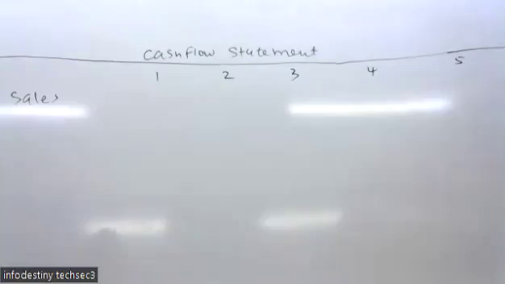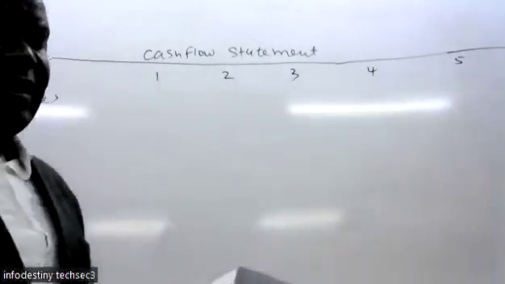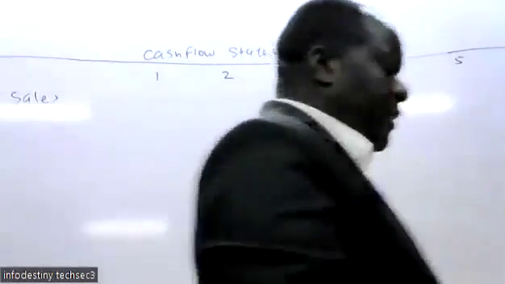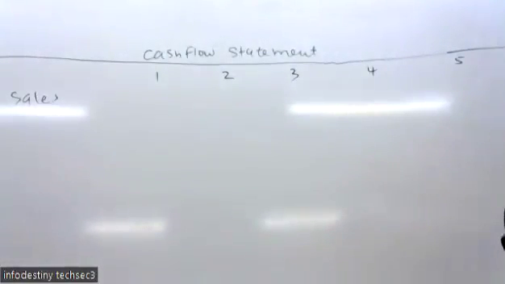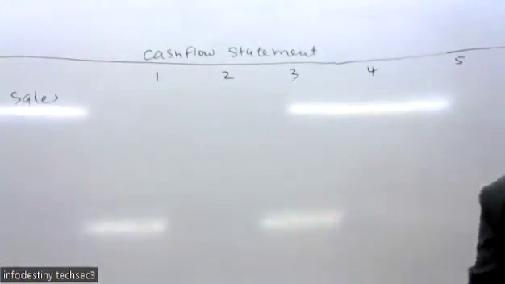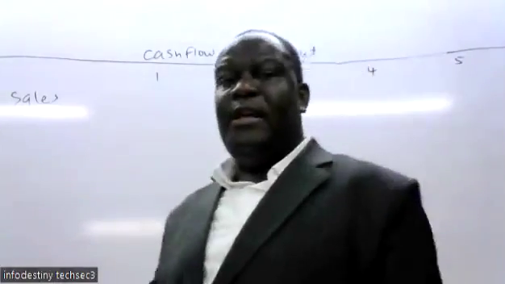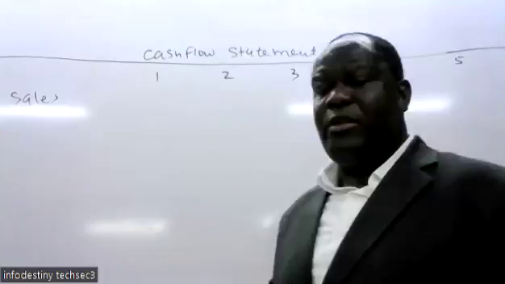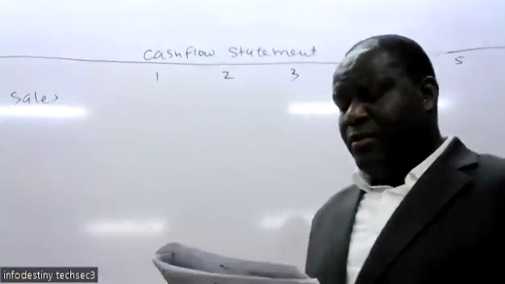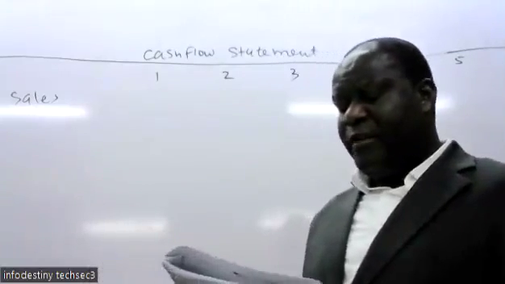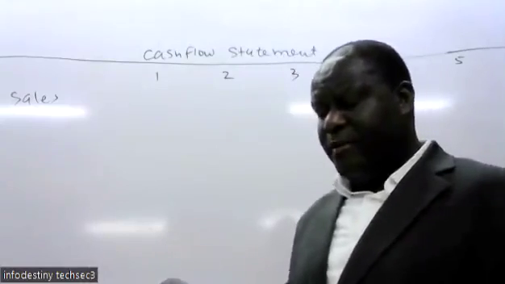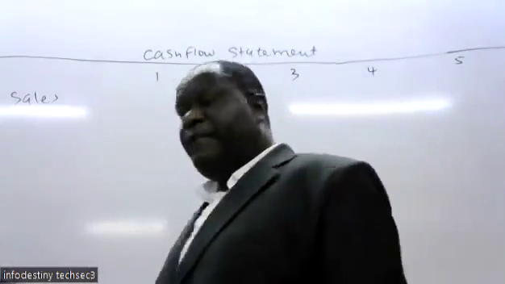You can see the quantity of the product to be manufactured and sold in each year is estimated as follows. For year one, how many units have they given us? 20,000 units. Then go to note number one: the unit selling price is 45.